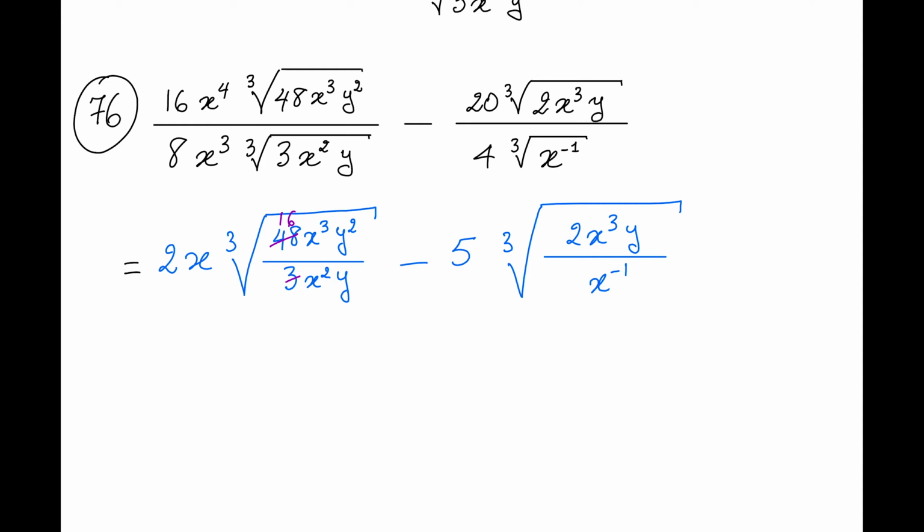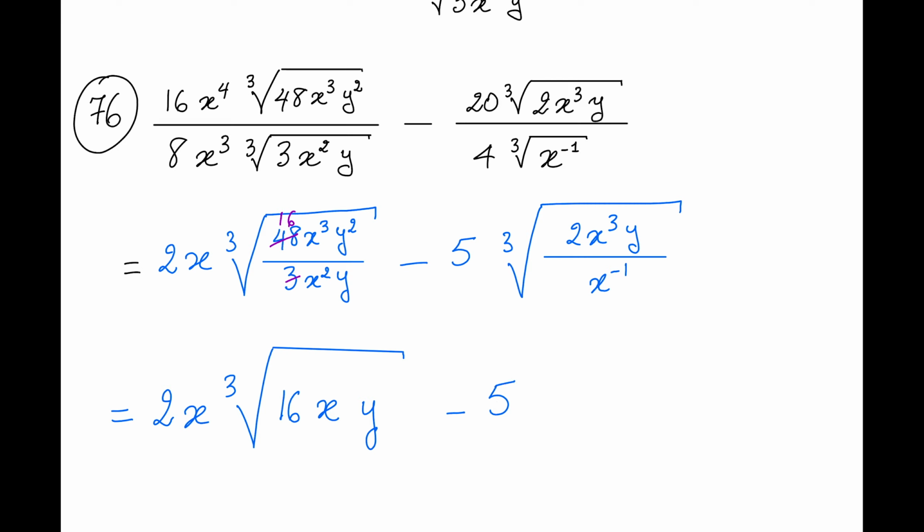x cubed divided, okay, let me write this in parallel. So 16, the 16 came from 48 divided by 3. x cubed divided by x squared is x. And y squared divided by y is y.